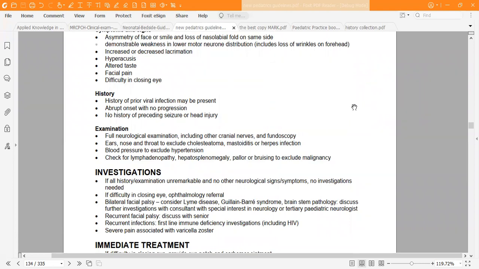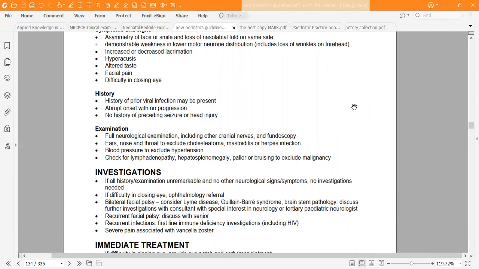A history of prior viral infection may be present, with abrupt onset and no progression, and no history of preceding seizure or head injury. So these are elements you have to keep in mind, which is again a previous viral infection.